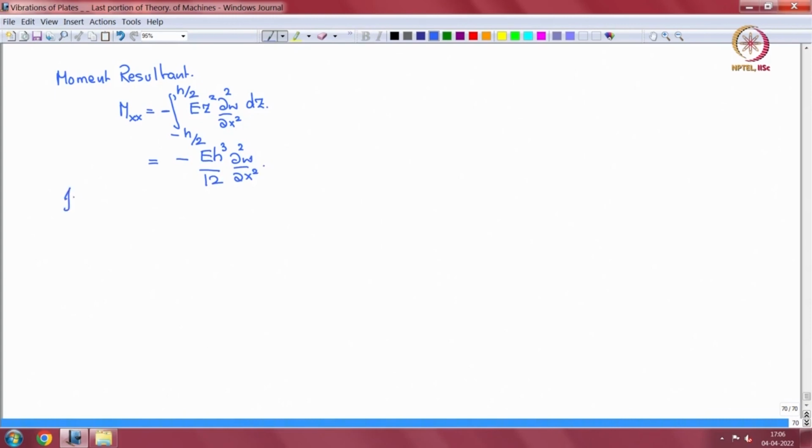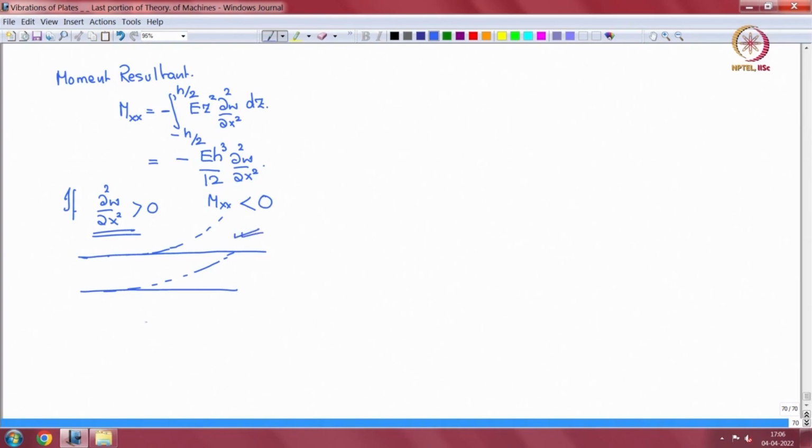If del 2w by del x square is positive, that means you can say the beam is bending like this. Then my moment is negative. So that sets the moment convention. Moments that give this curvature, that means this picture, are negative, and therefore the positive moment convention is this.